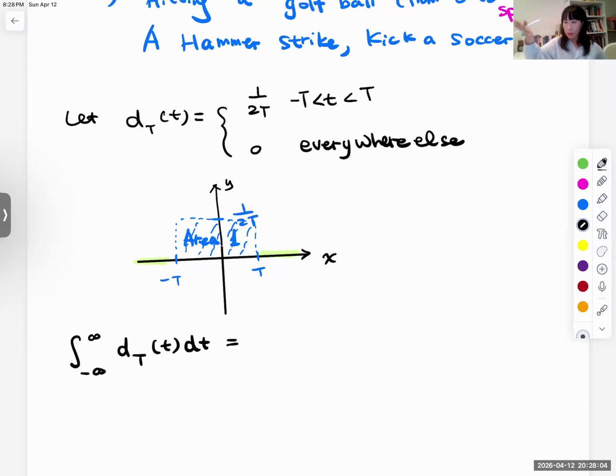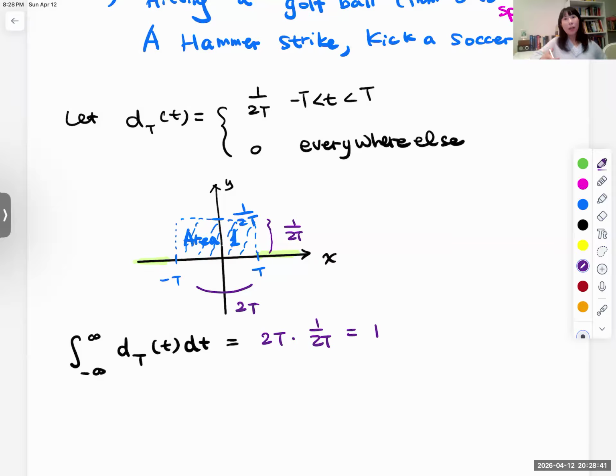The base is 2t, and the height is 1 over 2t. So 2t times 1 over 2t is 1. That's why the area equals 1, right?